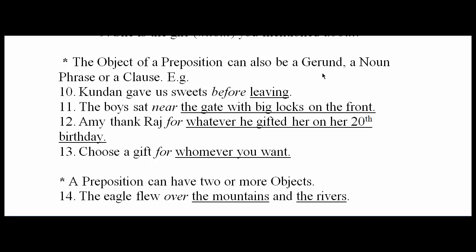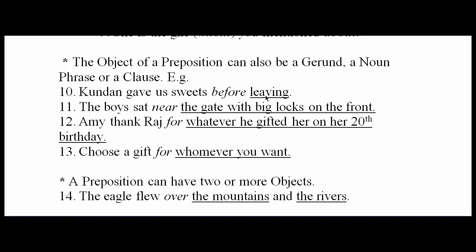So gerund is a kind of verb which also functions like a noun. You will see it here from the example. The object of a preposition can be a gerund, a noun phrase, or a clause. This is what I mean. This will be clear with an example. Kundan gave us sweets before leaving.